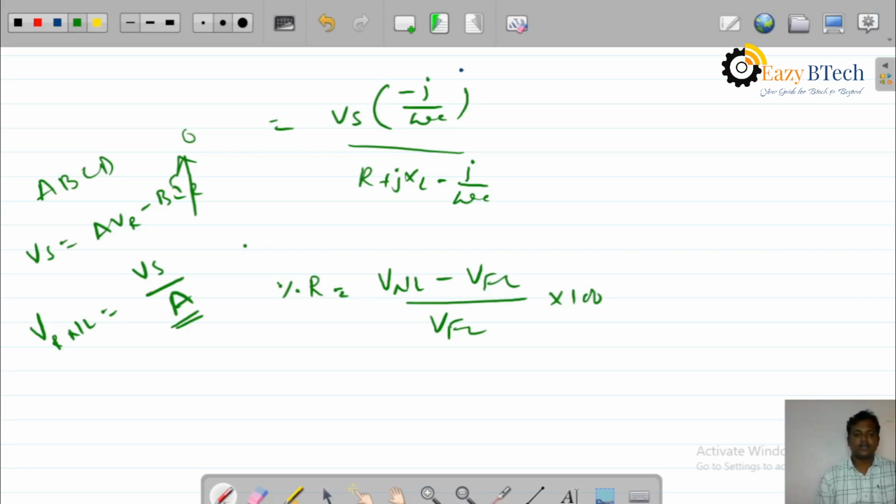Now we will see a problem on this load end condenser method.